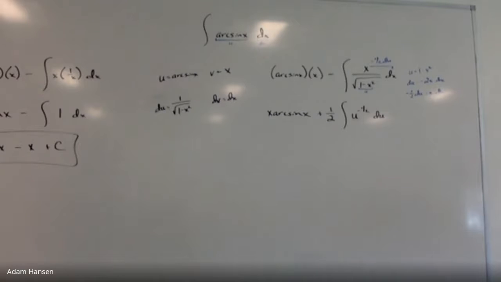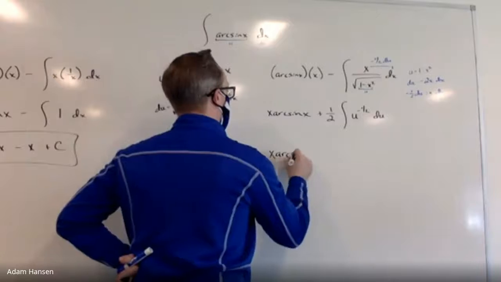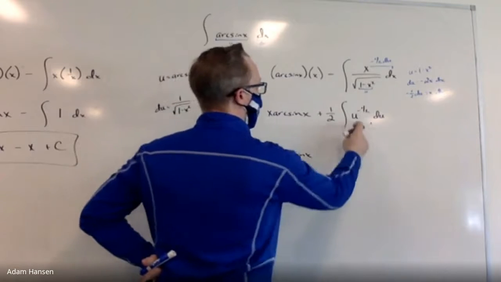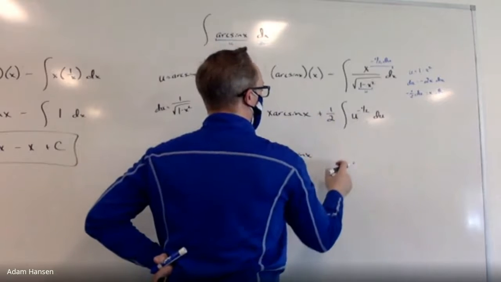What's the antiderivative of u to the negative 1/2? What exponent has to be here? If I bump up the exponent, what's 1 more than negative 1/2? Positive 1/2.